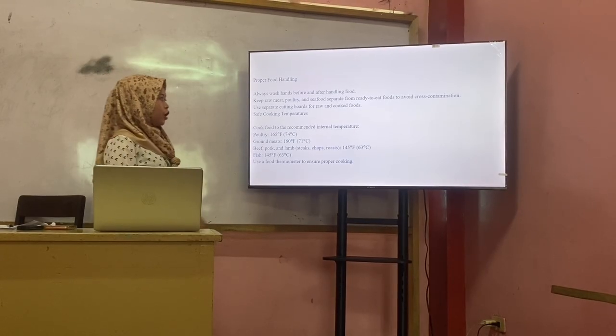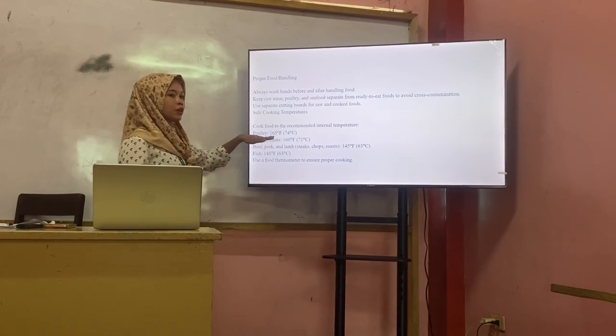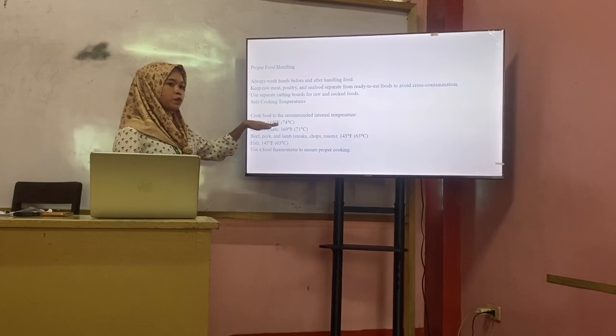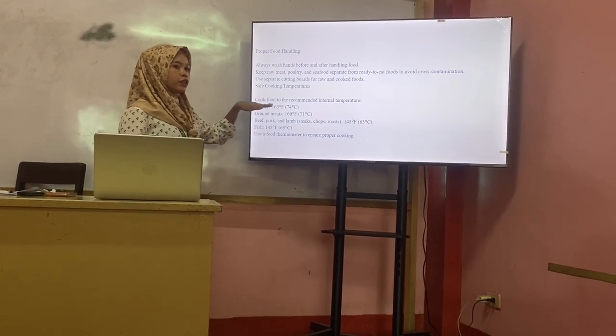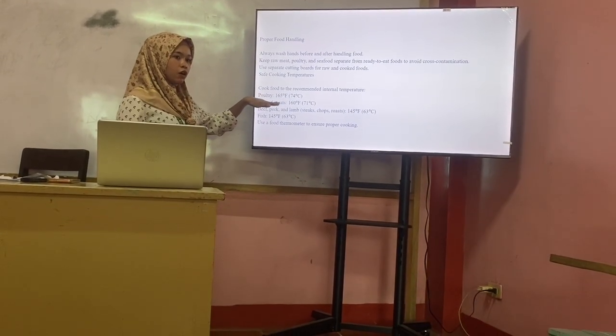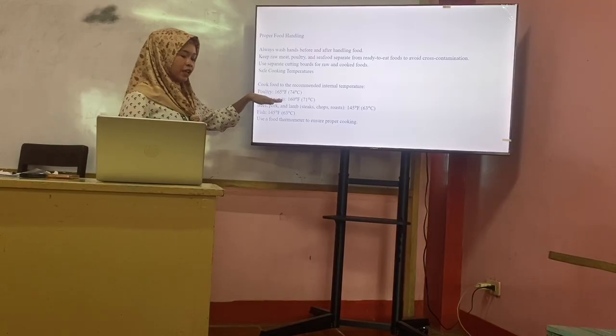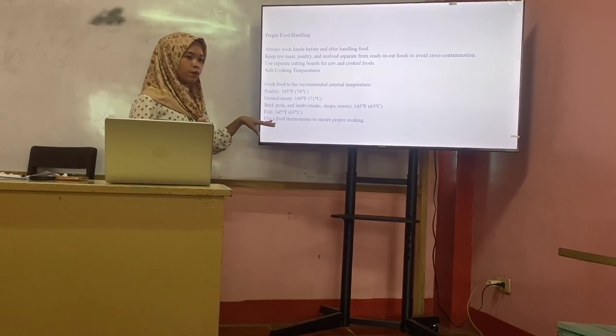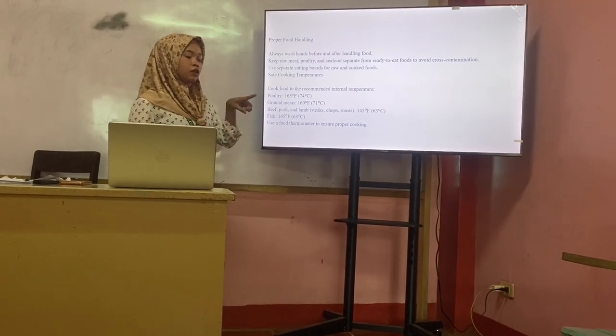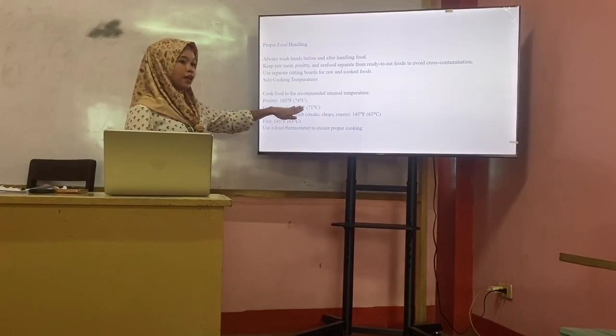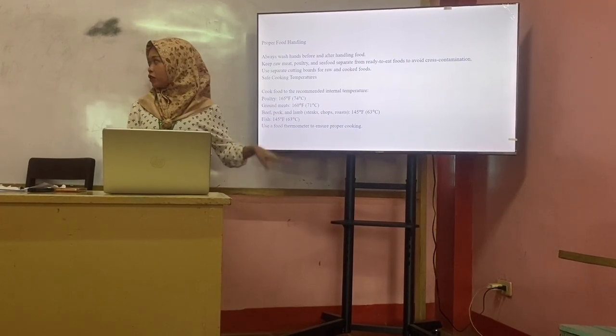Okay, very good. You need to subtract 32 from 165, then divide it by 9. Then after you divide it by 9, you multiply it by 5, and you will get the correct answer.